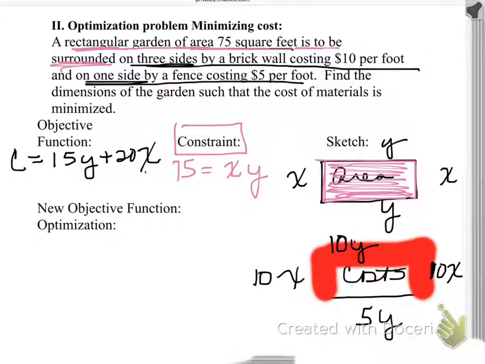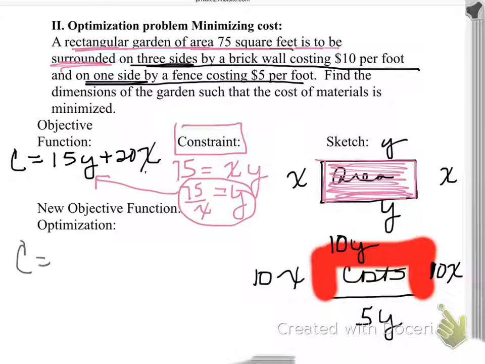So now, let's replace the y's. So if I see that 75 equals xy, then what do I know? I know that y will equal 75 over x. So I'm going to use this to replace my y. So let's write a new objective function, only in one variable this time.